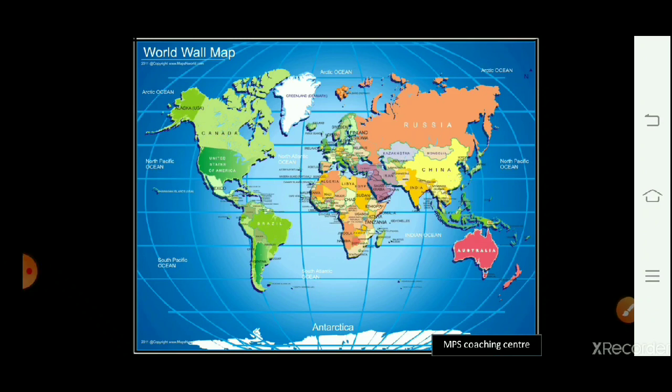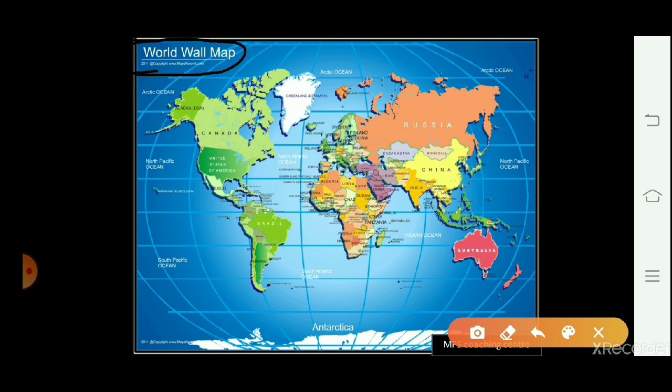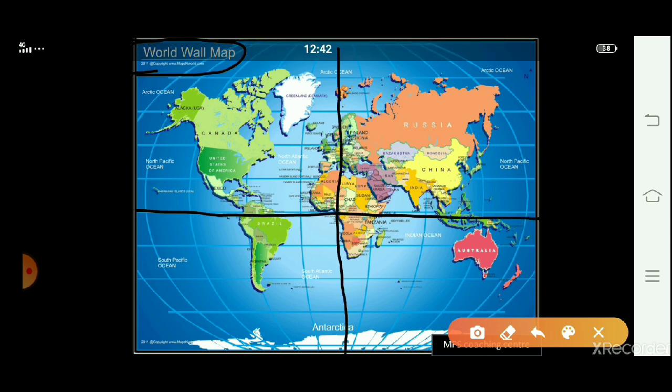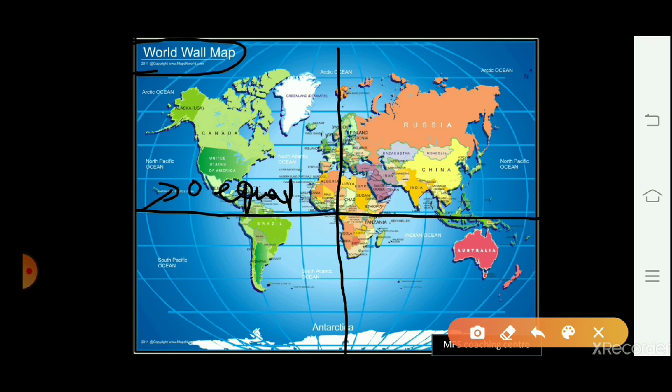Firstly, we have to understand the location of India on the world map, and we will try to understand this with the help of latitudes and longitudes. As this 0 degree latitude, also known as the equator, divides the earth into two hemispheres, northern and southern.